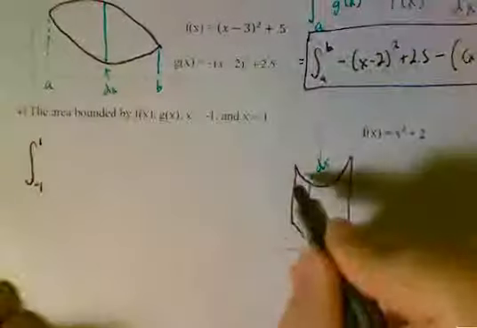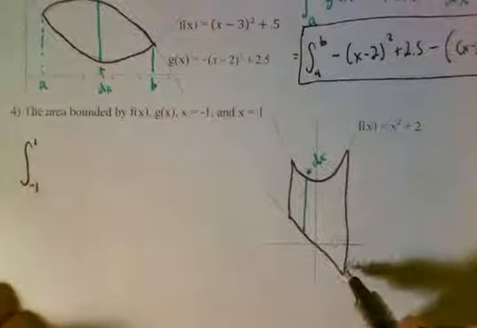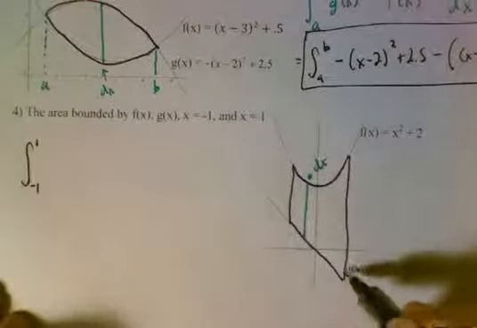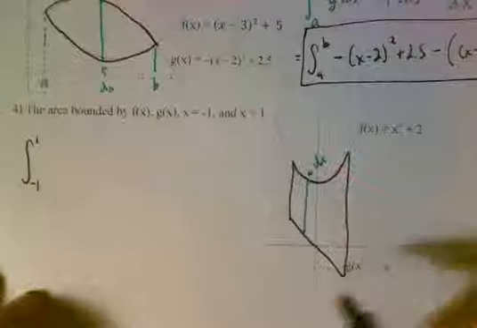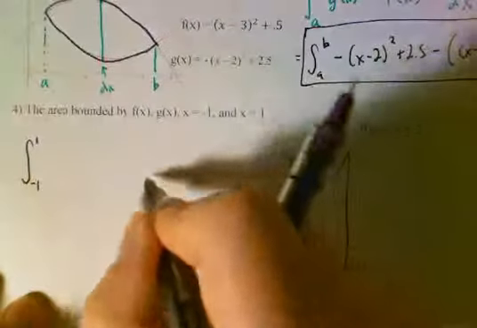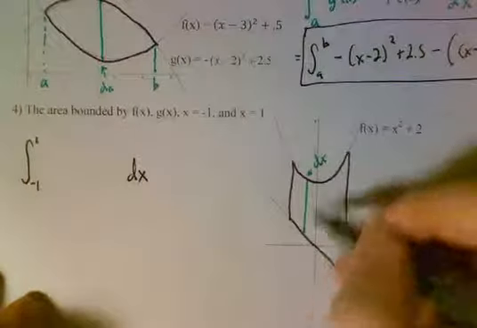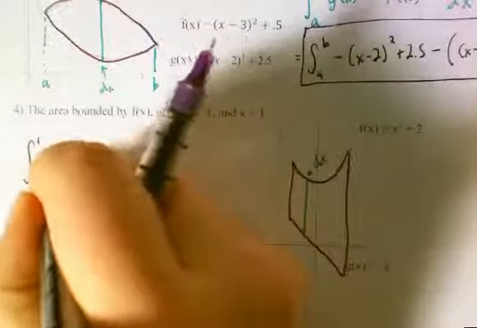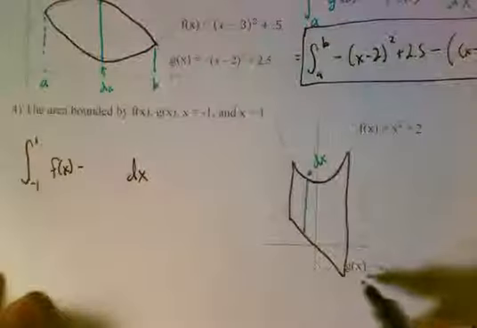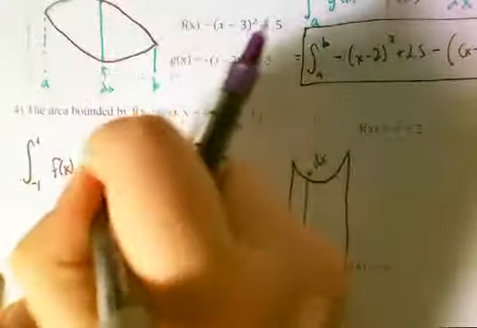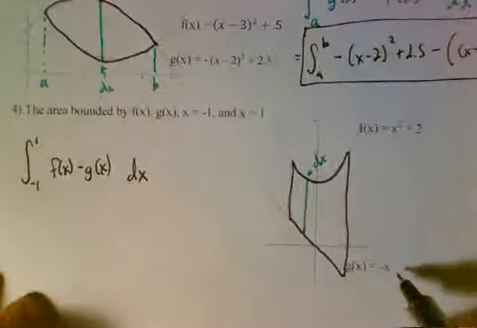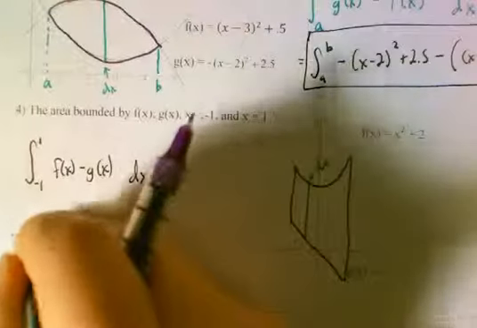Our first rectangle's at -1, last rectangle is going to be at x equals +1. dx is our width. And then our height is just this top one, which in this case is f of x, subtract this bottom one, which is g of x. Plug in the equations that we have.